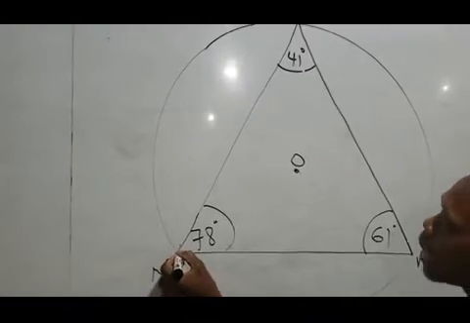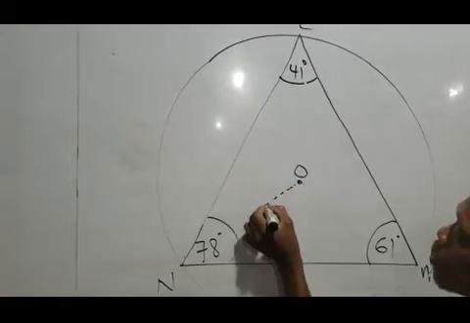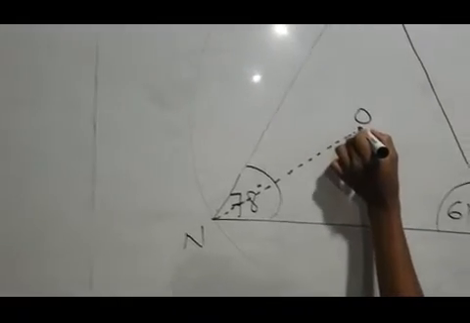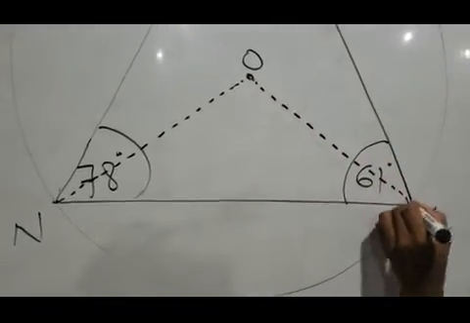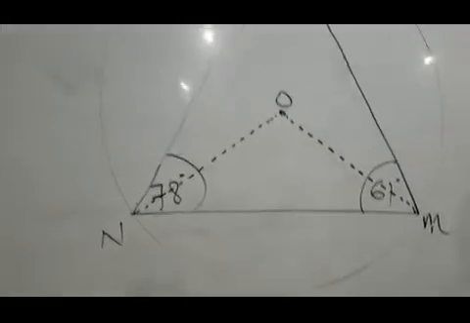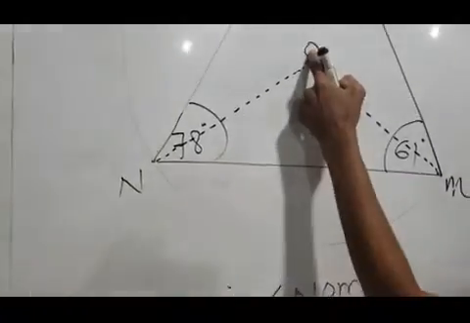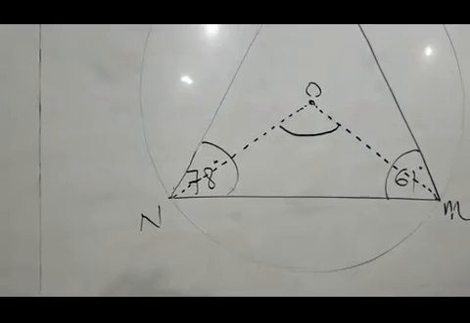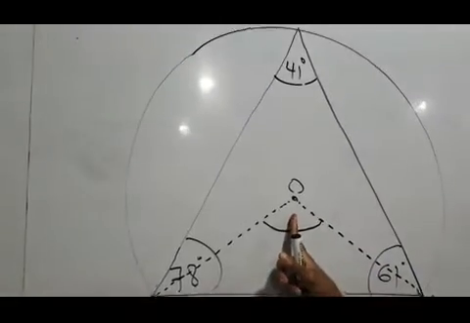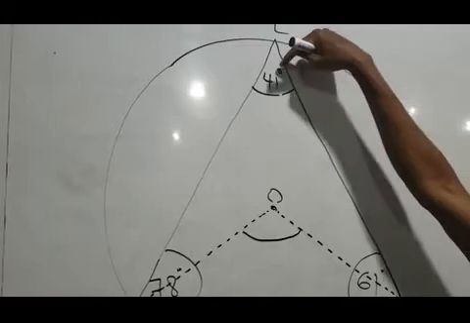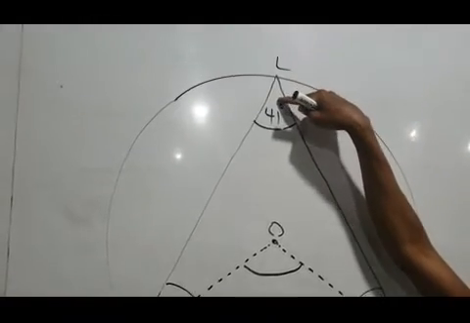So I'll join point N to point O, and then point O to point M, so that I can now have the angle NOM. So NOM is the angle at the center. I'm looking for the angle at the center. You realize that now we have the angle at the circumference.